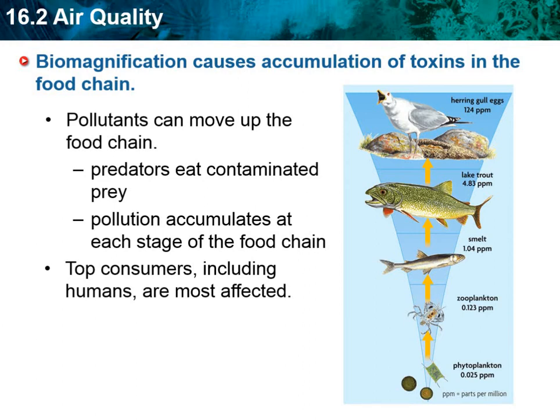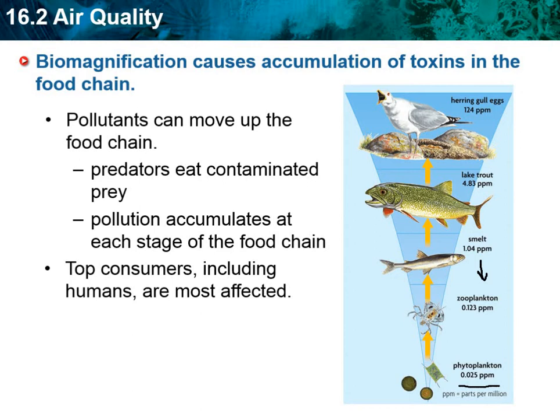You can see down here the phytoplankton, with parts per million of a pollutant they picked up. Then the zooplankton eats the phytoplankton. The smelt, a small fish, eats the zooplankton, and it's now at 1 part per million.